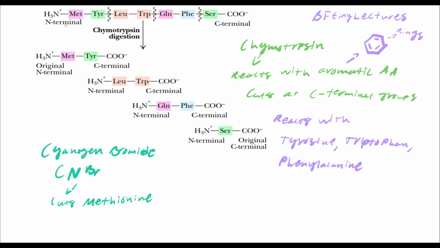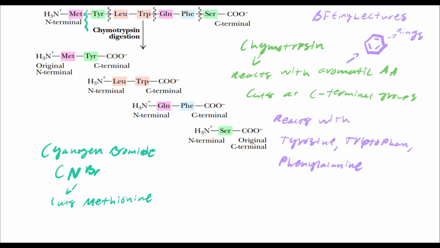So let's imagine that we didn't have any rings at all. Okay, so no tyrosines, no tryptophans, no phenylalanines. We didn't even have arginine or lysine. Wow. So what can we do? Well, you can do kind of like a last resort, and you can put in cyanogen bromide. And what it does, it says, well, look, in this amino acid sequence, you actually had methionine, and I'm going to cut it here.